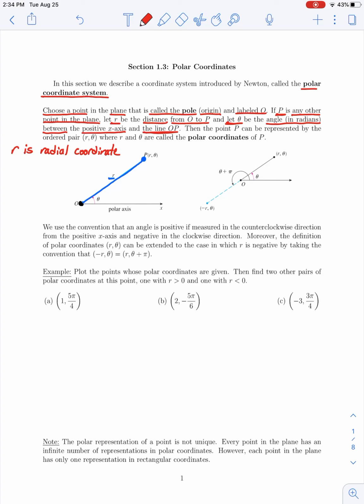That is the line from the pole to our point P. So illustrating here, we would have the positive x-axis, which in polar coordinates is sometimes called the polar axis, and theta is the angle measured in radians from that polar axis, or the positive x-axis, to the line from O to P.